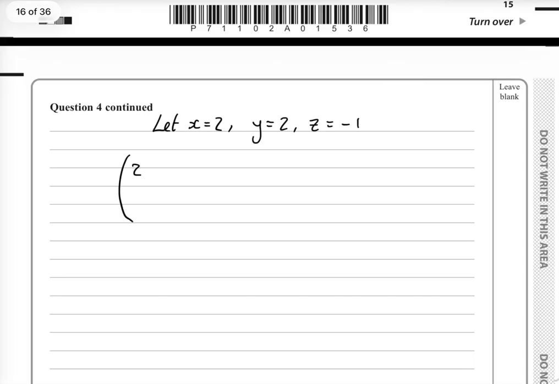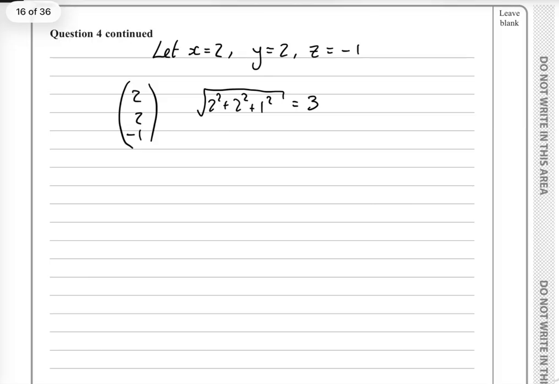So we've got 2, 2, minus 1, but that's not yet normalized. We need to find the magnitude, and that is the root of 9, 3. So our normalized eigenvector is 2/3, 2/3, minus 1/3. Final answer for question 4.